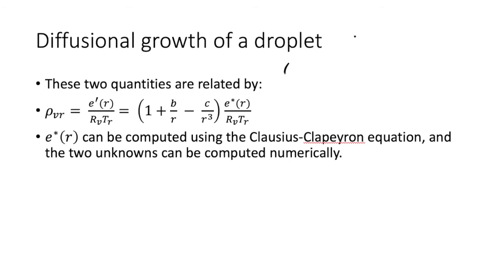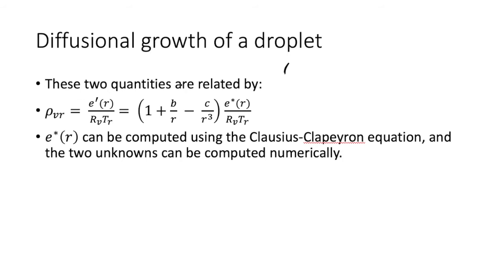And remember, we said E prime was E star, the saturation vapor pressure, times this stuff, 1 plus B over R minus C over R cubed, R being the radius of the droplet. This was the curvature effect due to the surface tension. This was the solvent solute term.